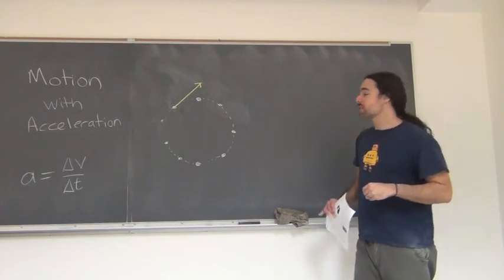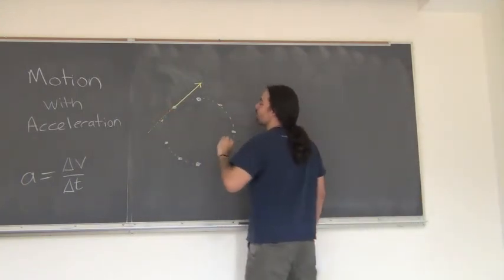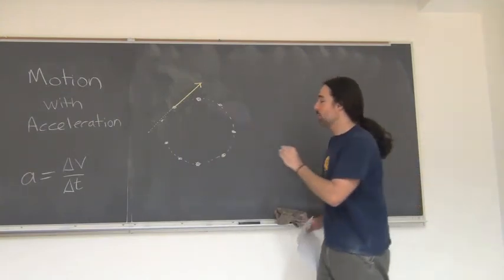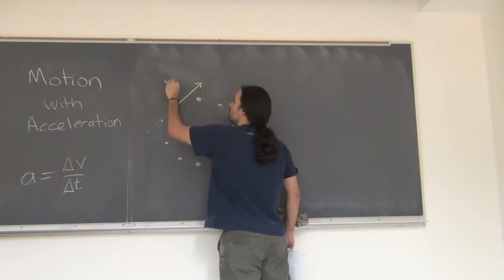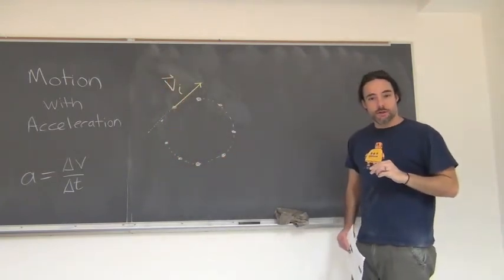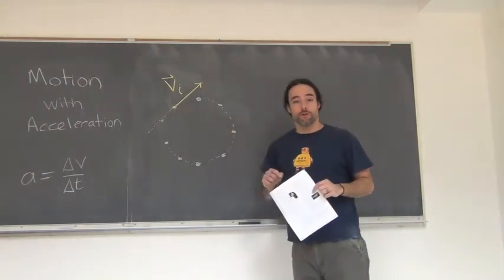It's that the velocity vector is the tangent line to the curve that you are tracing out. So when I draw my velocity vector here, I'm going to call this v initial. That velocity vector is going to be tangent to the circle.